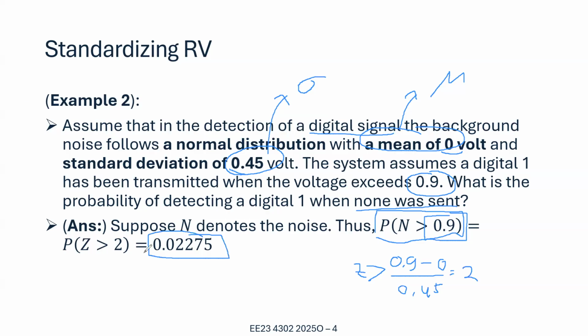The way we look at this is that, again, the probability that z is more than 2 is just 1 minus the probability of z less than 2. So this is what we get from the table, and we just subtract this from 1 to get 0.02275.